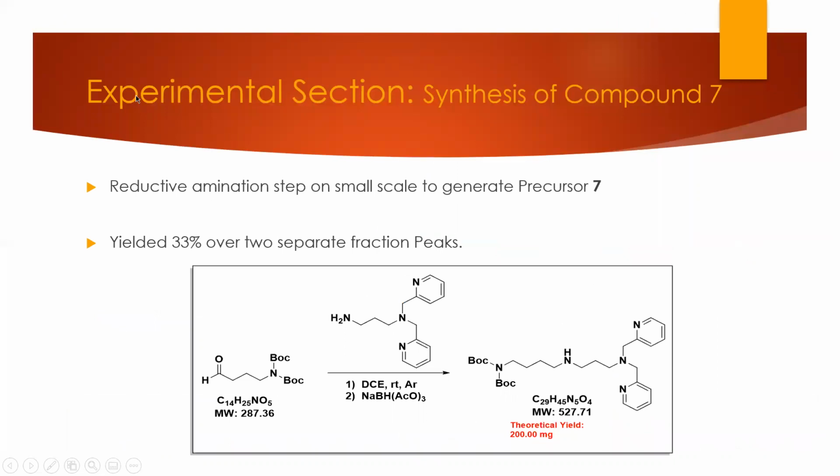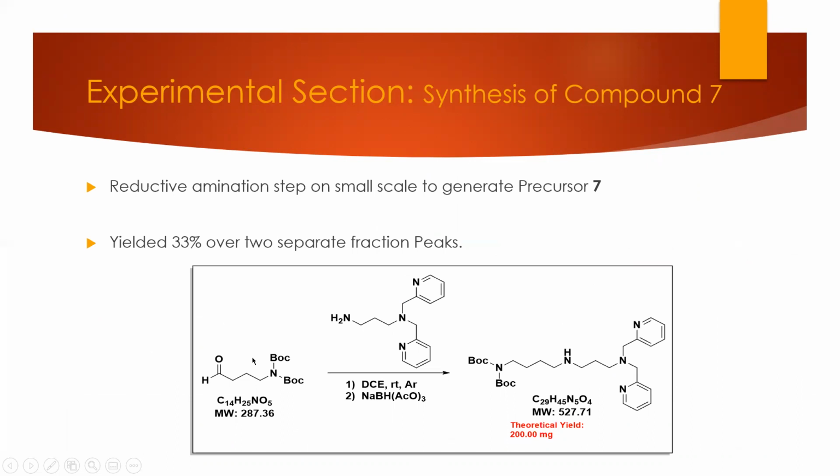Next, we performed the reductive amination step to produce compound 7. At the commencement of this semester, we did this reaction on a small scale to practice. Reductive aminations are often notoriously difficult.